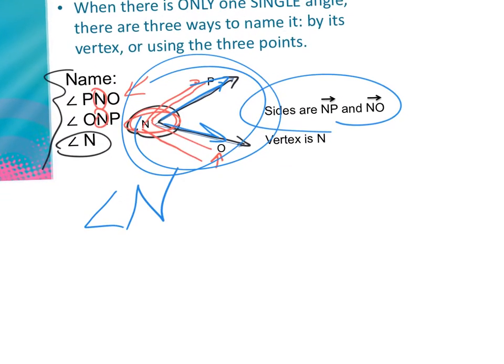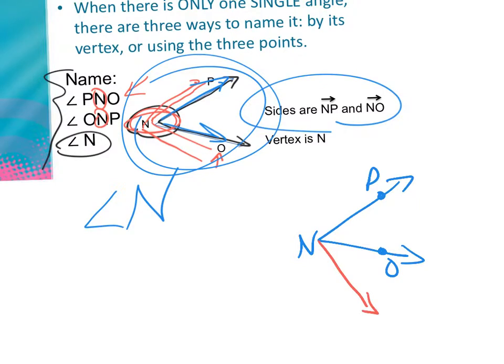Let's say I redraw this, and I have my P, N, and O, and I draw another ray here and call this Q. I can no longer name any of my angles with just the letter N, because I actually have 3 different angles going on here. I have this big one, then a smaller one right here, and then another one here. So when you have 3 different rays, you have to name the angles with 3 letters. Good on that? We're going to see that on the next slide.